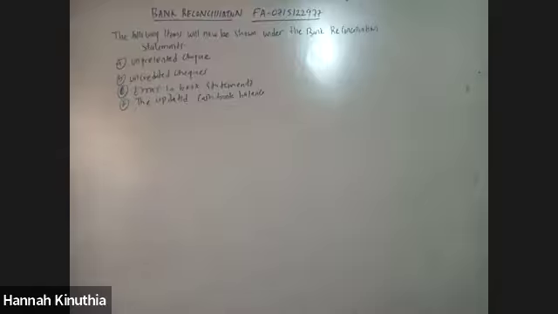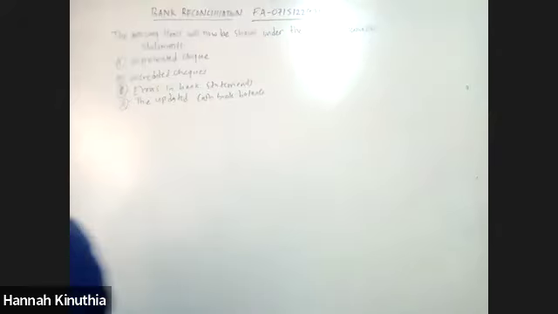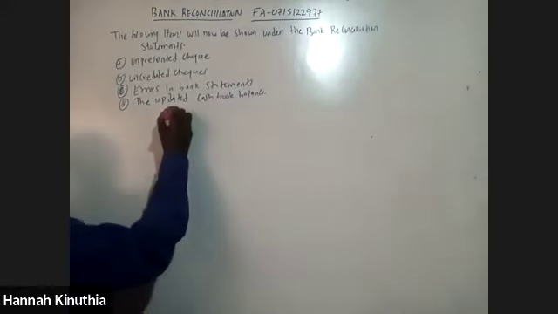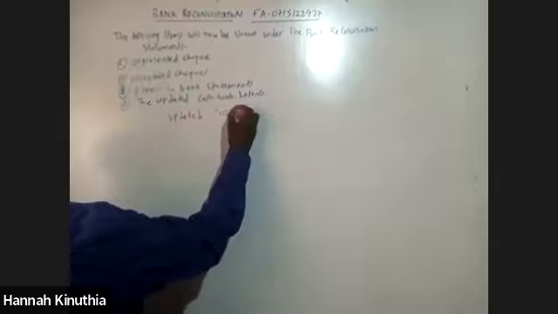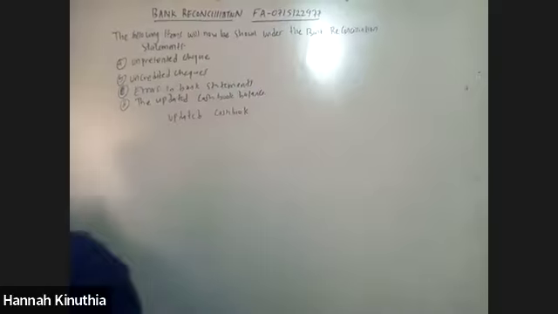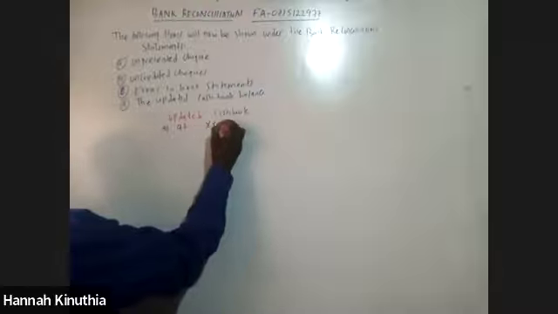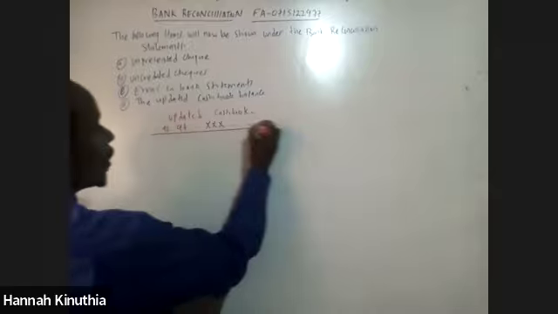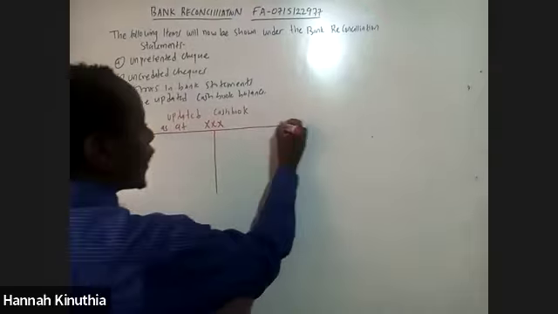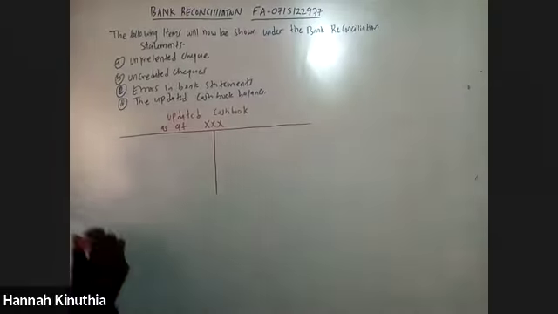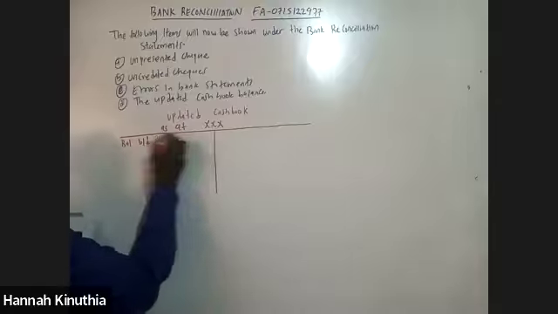So formats. The first one, the updated cash book. Updated cash book as at XXX period. So we start with the balance brought down, the cash book balance brought down.